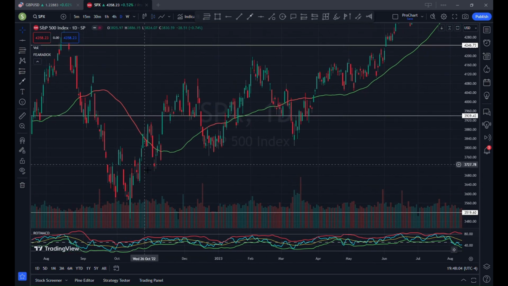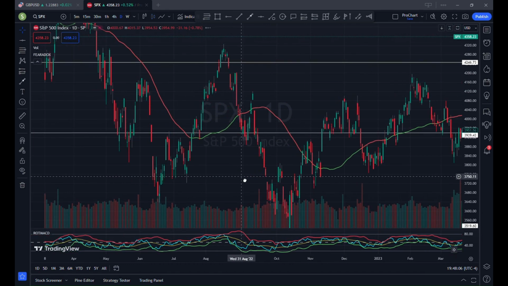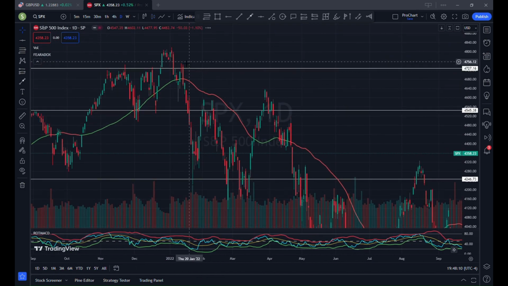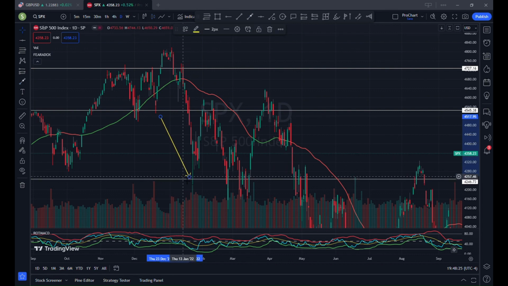And if you notice, let's just take here for an example. We're coming down, right? So we're coming down from this area. This was like our high. We came down, we hit this area right here. The next day it went up, came all the way down to our next area. That was our biggest support right there.